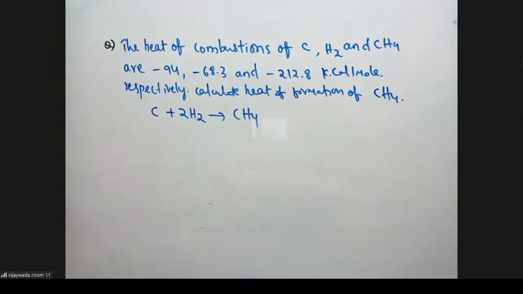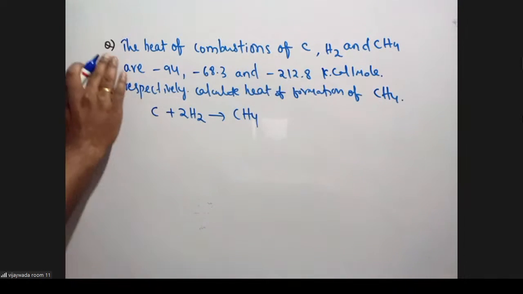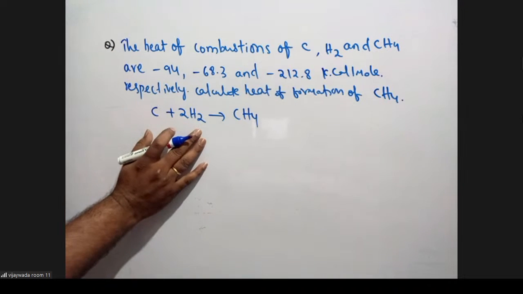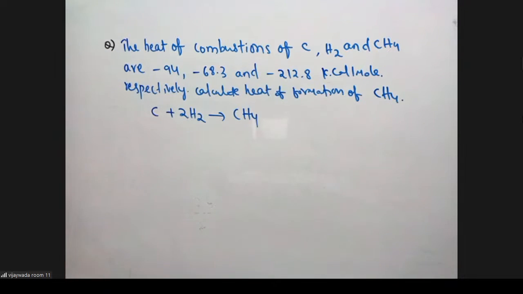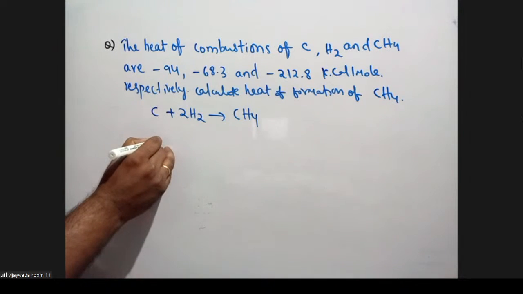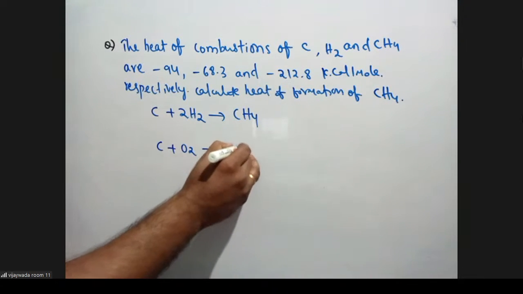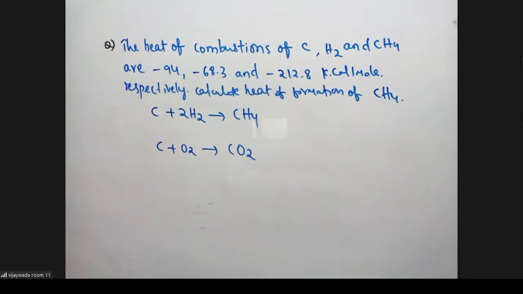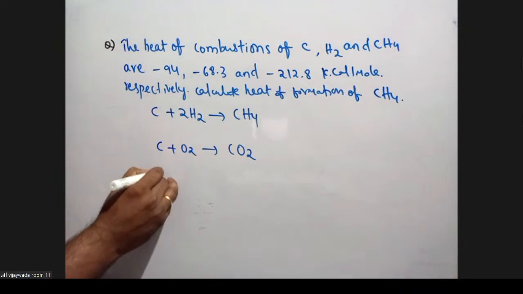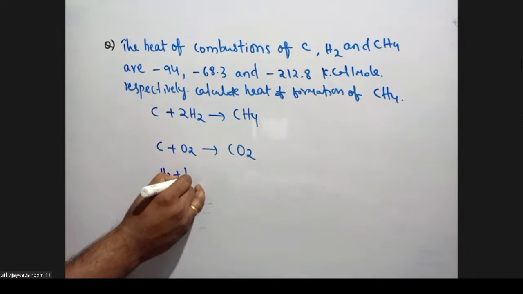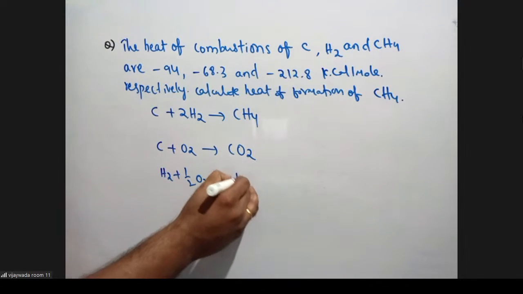Heat of formation for 1 mole. Okay, right. So from the given values, how can we get this equation? Heat of combustion of carbon: write the equation. Carbon plus oxygen gives rise to carbon dioxide, for only 1 mole of carbon. Hydrogen, H2 plus 1/2 O2 gives rise to H2O.